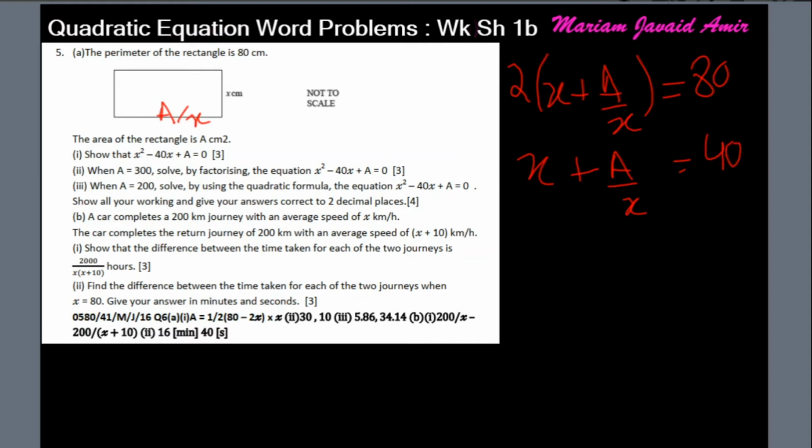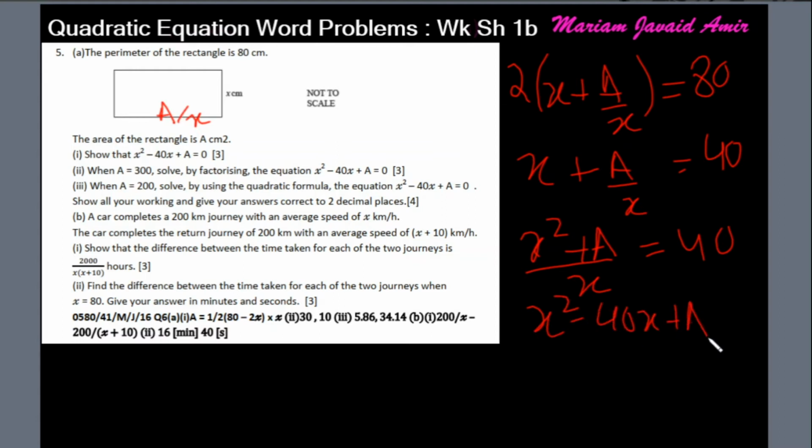Take LCM, so we get x squared plus a over x equals 40. Take 40x to the other side, and we'll get x squared minus 40x plus a equals 0. This is the answer for part 1. We've shown the required equation.